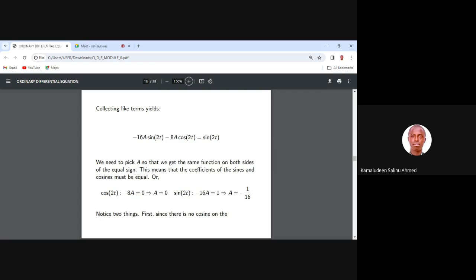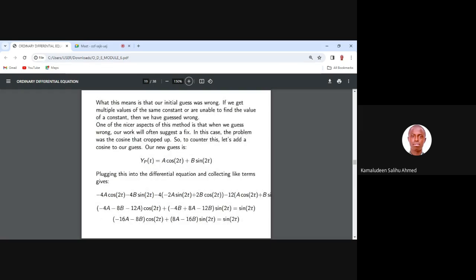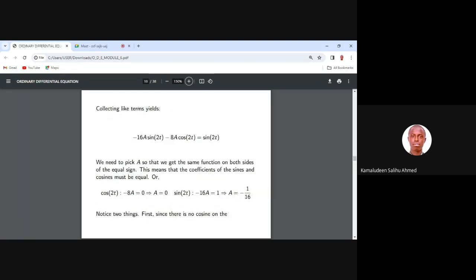So notice two things. First, since there is no cosine on the right hand side, as I said, what this means is that our initial guess was automatically wrong. Because of what? You have one a to be 0 and another a to be negative 1 over 16 in the same question.